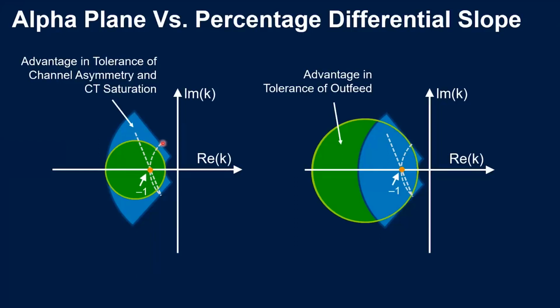What if we wanted to cover those points with the traditional characteristic? We can do that. We can expand the traditional characteristic, which will translate into increasing the slope of the traditional characteristic. If we do that, we obtain the image on the right, where we are covering those cases we saw before of the CT saturation and the synchronization errors.